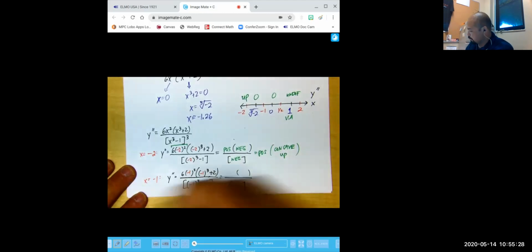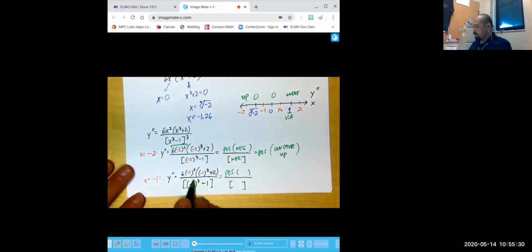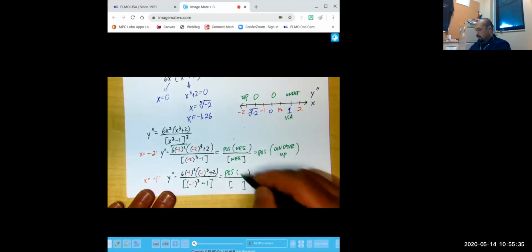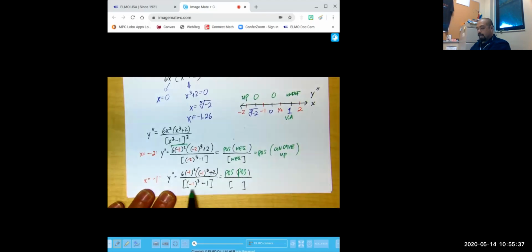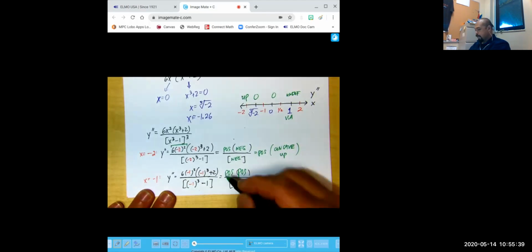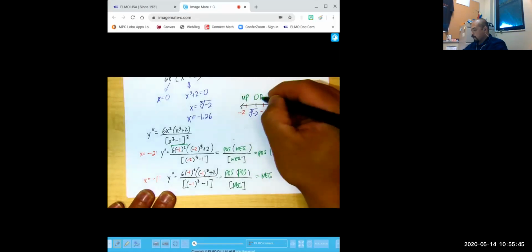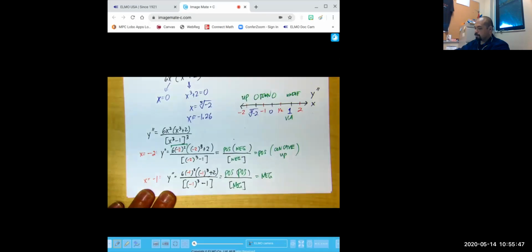Up front, positive with that x squared. -1 cubed, -1 plus 2, positive. -1 cubed, -1 minus 1, -2, negative. Positive or negative makes negative. We're going to be concave down in that region.